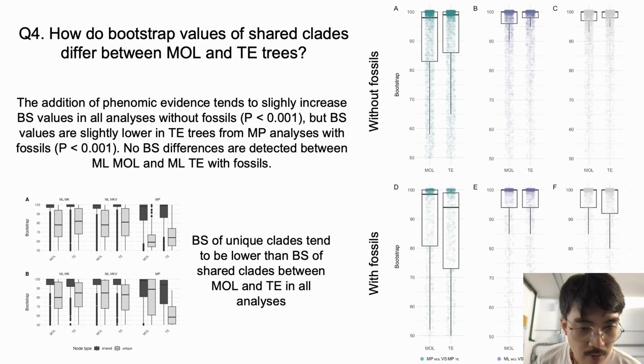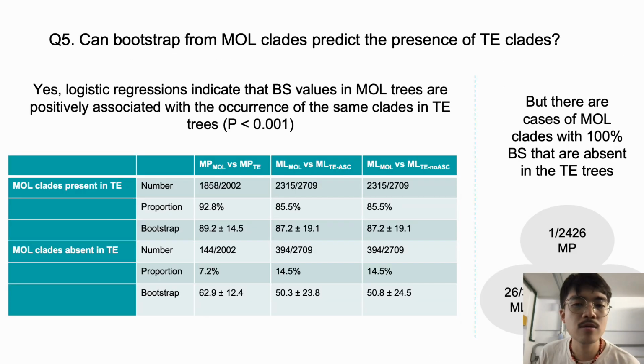And as expected, the unique clades tend to have lower bootstrap values than the shared clades, which is expected.